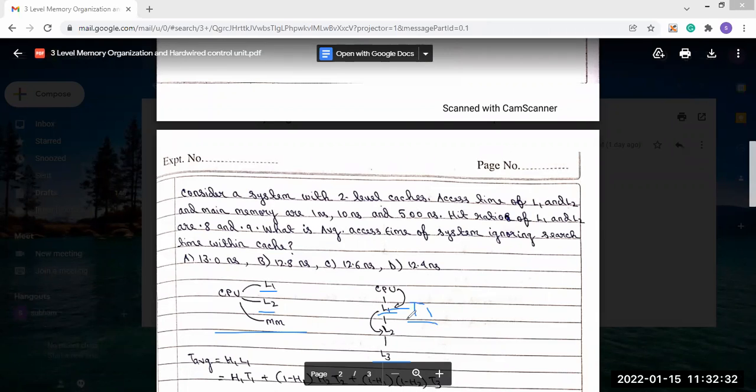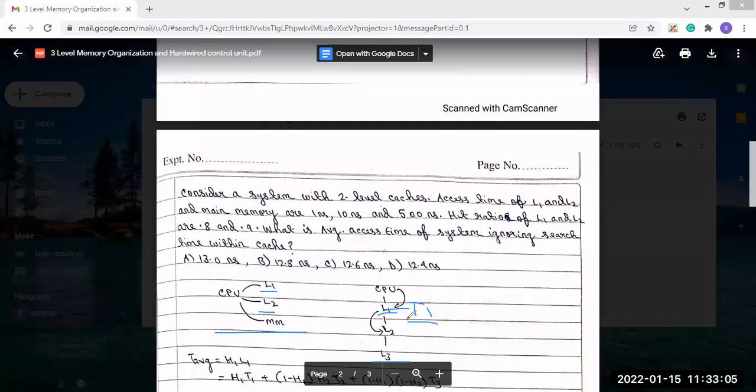And one thing you should keep in mind: here it is mentioned that we ignore the search time within the cache, but in some examples or some mathematical problems, you will see that this type of statement is not mentioned. Then how can you choose?